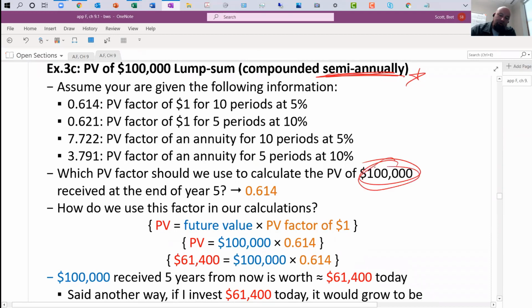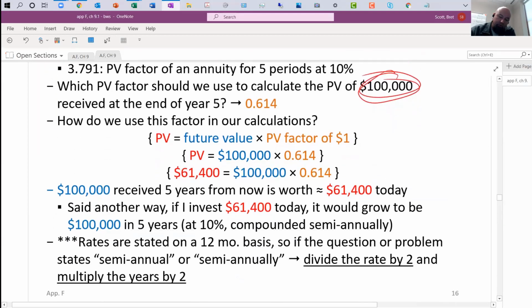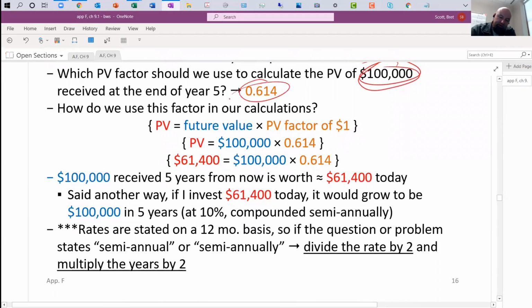It's a $100,000 lump sum, but interest is compounded semi-annually, so we need to use the 10 periods, 5%, and we're going to use 0.614 as our factor. Slightly different than the previous one. We run the same numbers, 0.614 times 100,000. The present value factor is different because the compounding is different.